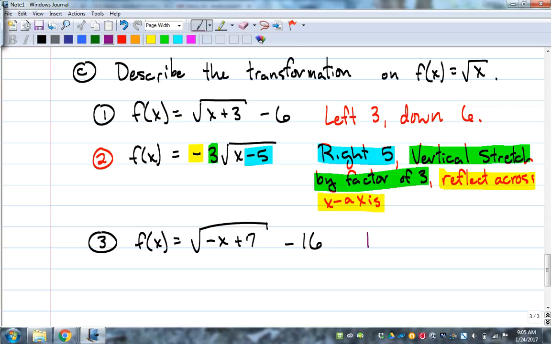Down 16. So that's the -16 on the outside. That's the down 16. Left 7, because it's plus 7 on the inside. And reflect across the y. That's right.